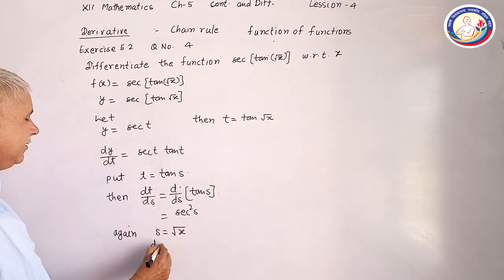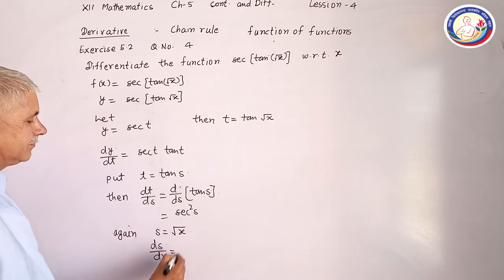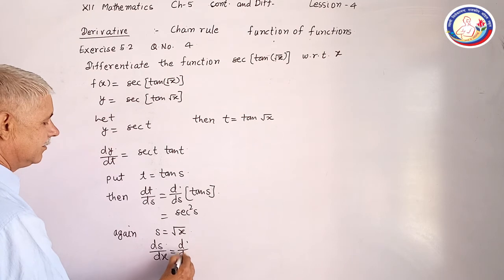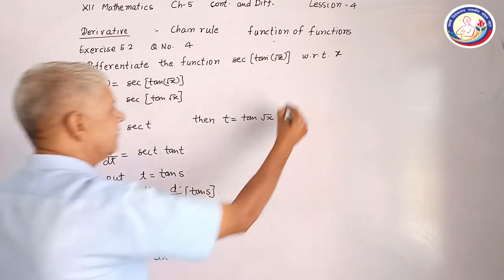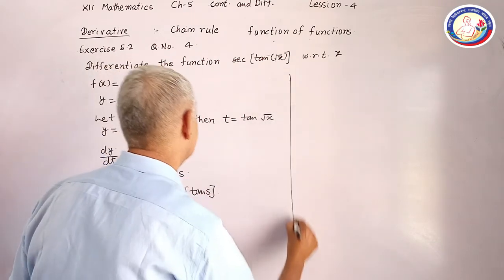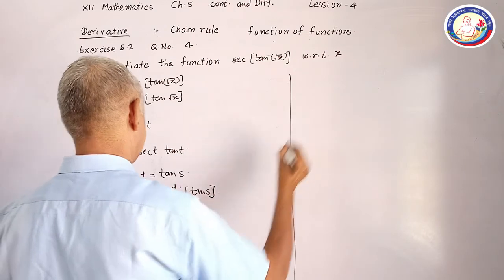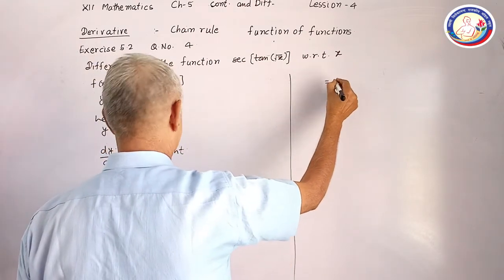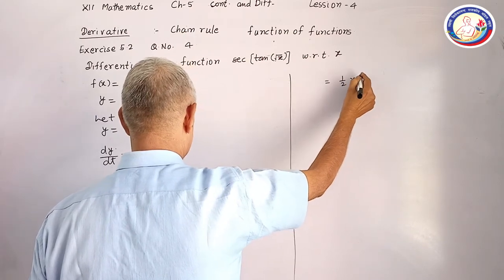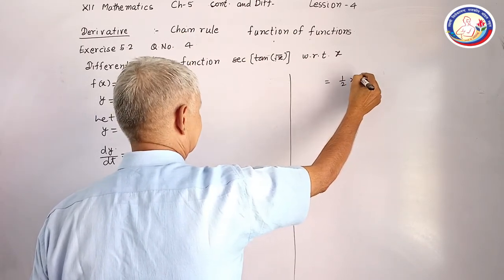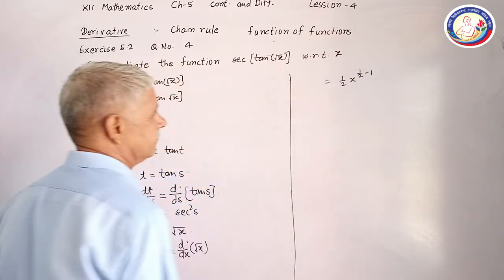So ds by dx will be equal to the derivative of this with respect to x, and this will give us 1 by 2 x raised to power 1 by 2 minus 1.